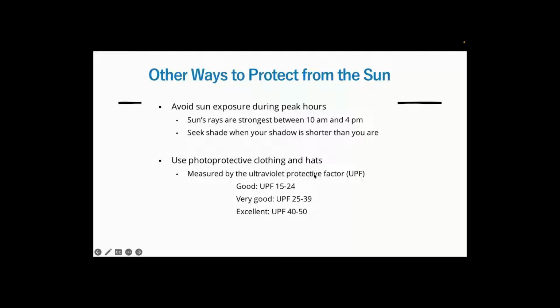For photoprotective clothing, they use UPF, ultraviolet protection factor, and you'll see that a lot of clothing actually lists the UPF on it. Anything above 15 is good. If you get between 40 and 50, that's excellent. When looking for sun protective clothes, I would look for a UPF of at least 15.